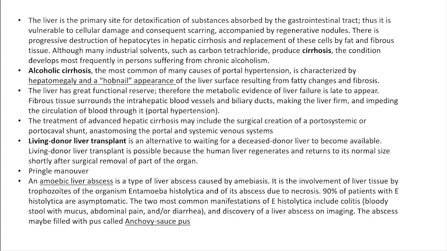If you press and ligate the right free margin of the lesser omentum, you compress the hepatic artery as well as the portal vein, so all the blood supply to the liver will be temporarily stopped, and that will help in temporarily stopping the bleeding from the liver, even though bleeding from the hepatic veins is going to continue because of backward flow of blood, but no further blood will come into the liver from the hepatic artery and the portal vein. That is called the Pringle maneuver.